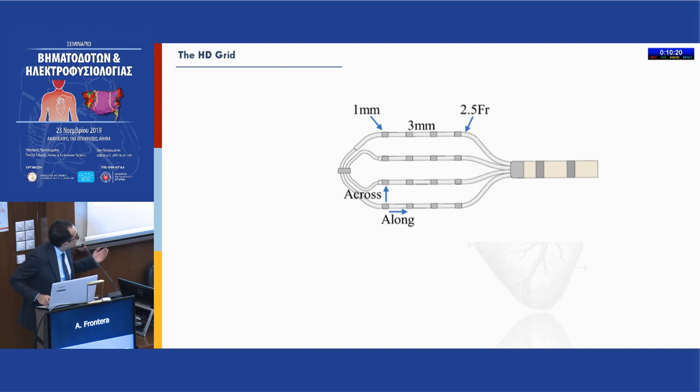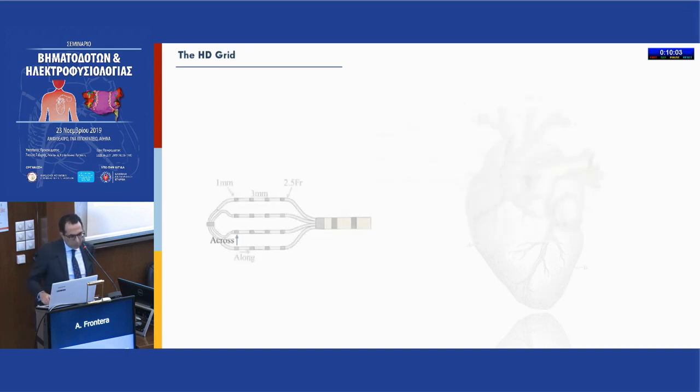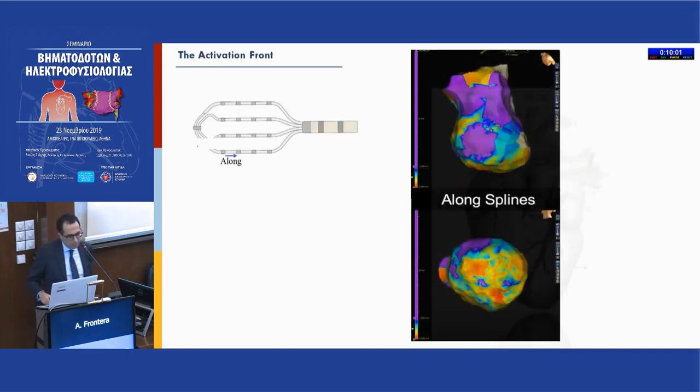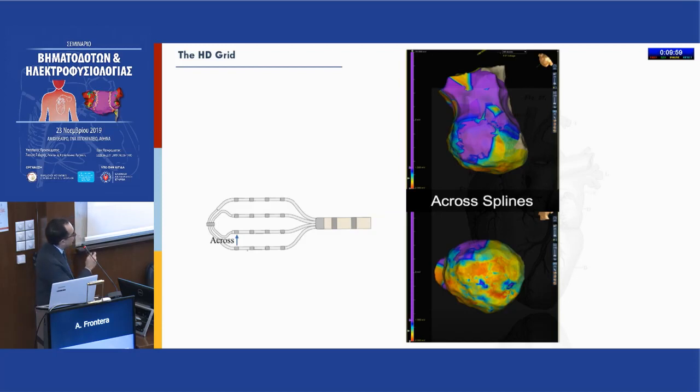And then this is the catheter by the Abbott system, the HD Grid. You can tell there are 16 electrodes you see here, and it is able to map the signal along the spline, but also across the spline. So what you can get is these beautiful maps from one acquisition.